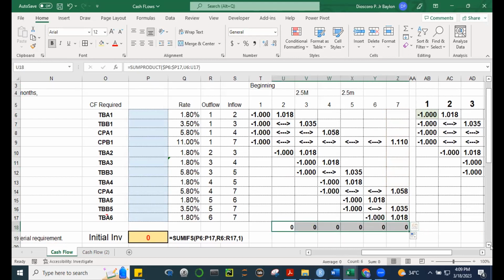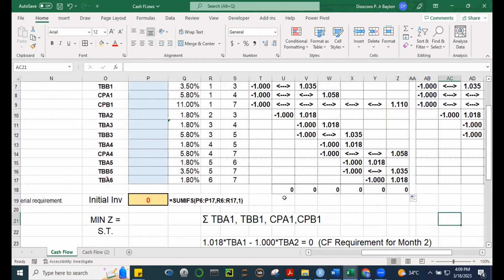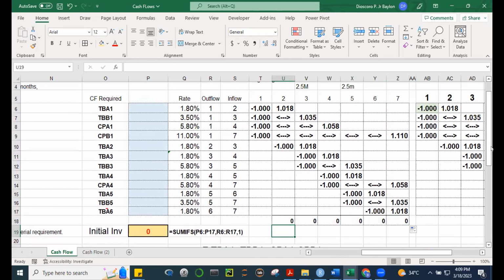All right, then of course we can now put here the required cash flow for month 2 is 0. Here it's 2,500,000. Okay, we can just put it at 25, so this will be in thousands to make it. Okay, anyway, let me put 2,500,000 here.